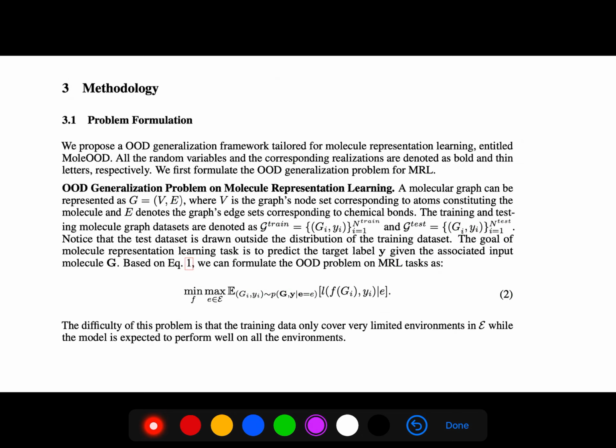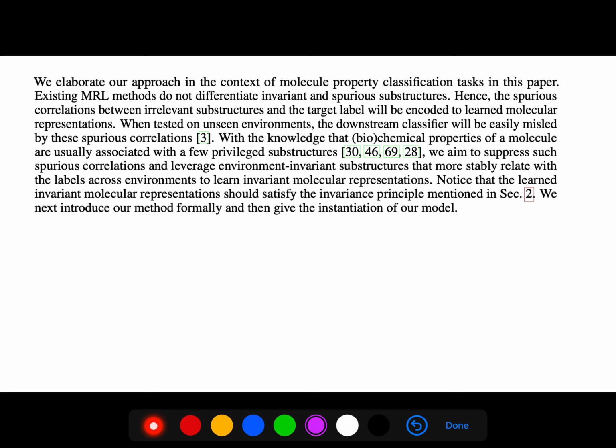So what is the methodology? The out-of-distribution generalization is on molecular representation learning. So we have a molecular graph which can be represented as G. The training and test data are separated, and the goal is to predict the target label Y. So out-of-distribution generalization problem is just this min-max.